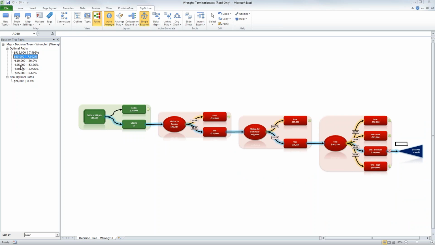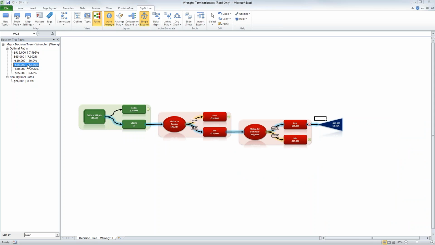So I can look and say, well, which is the one that's 53% likely? Oh, 53% likely, okay, it's going to be about litigation, and then we're going to ask it to go through this motion to dismiss, and then motion for summary judgment, and then we're going to lose. So 53% of the time we're going to lose $35,000.